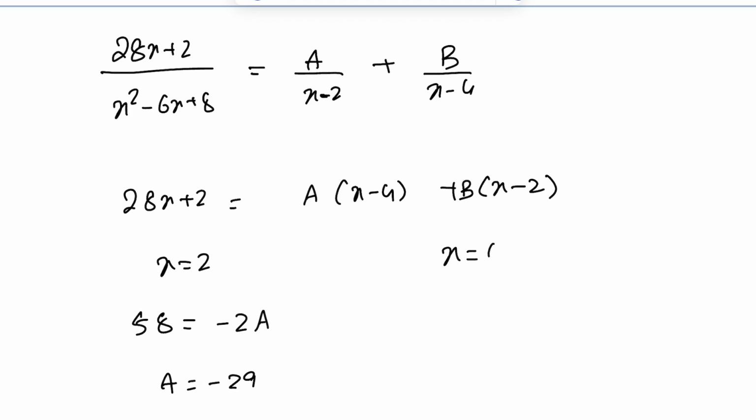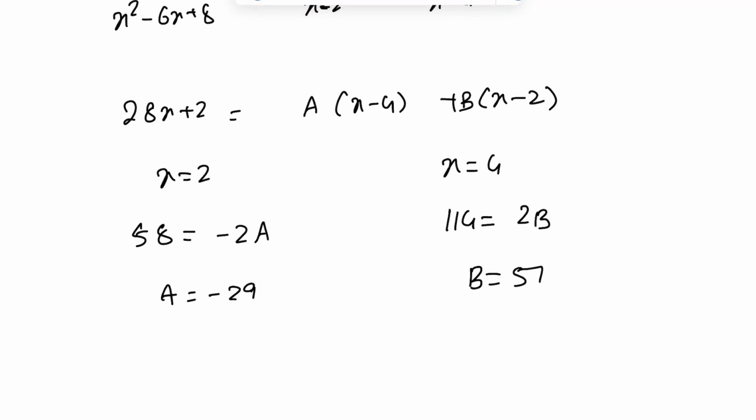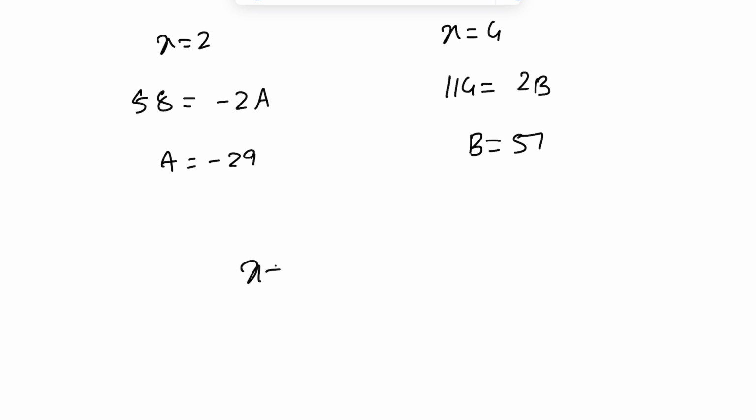Then x equals 4. If I take x equals 4, 112 plus 2, 114 equals 2b, b equals 57. So what will be the partial fractions? x plus 6 plus 57 upon x minus 2 minus 29 upon x minus 4.